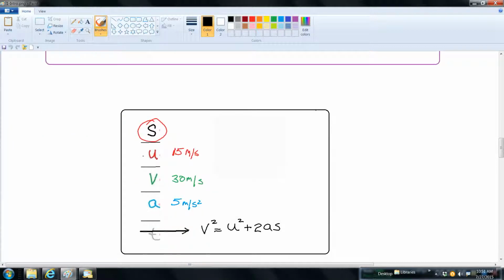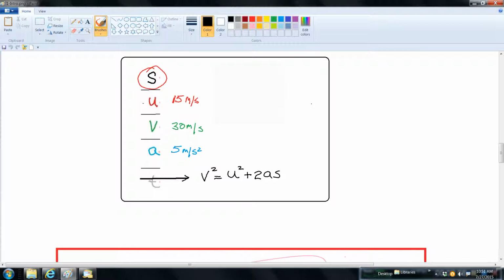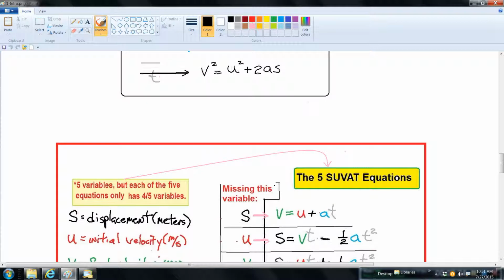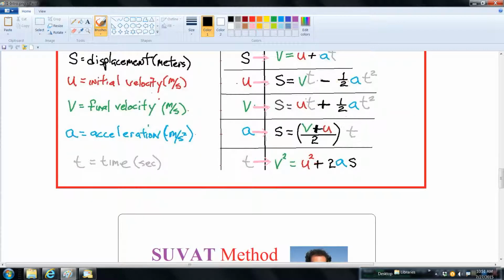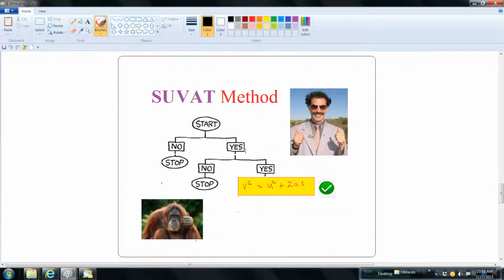So you essentially should have something that looks akin to this. 3 out of the 5 Suvats are given to you in the problem. Circle the one you're looking for and then draw a line through the variable that's left with the affiliated equation. And we'll show those equations throughout our problems to help you continue to memorize them.